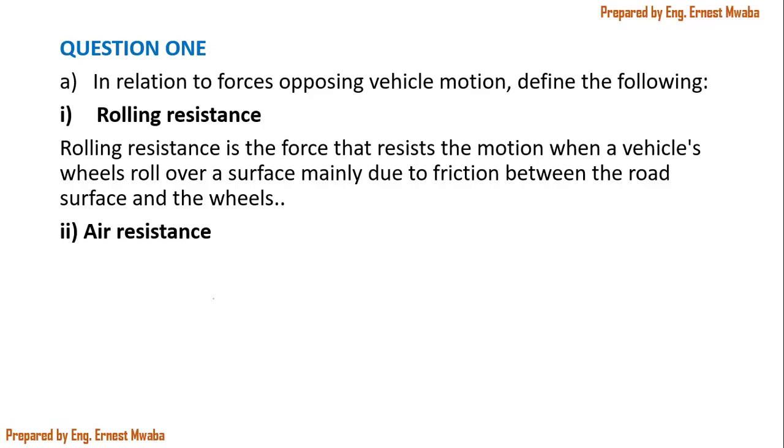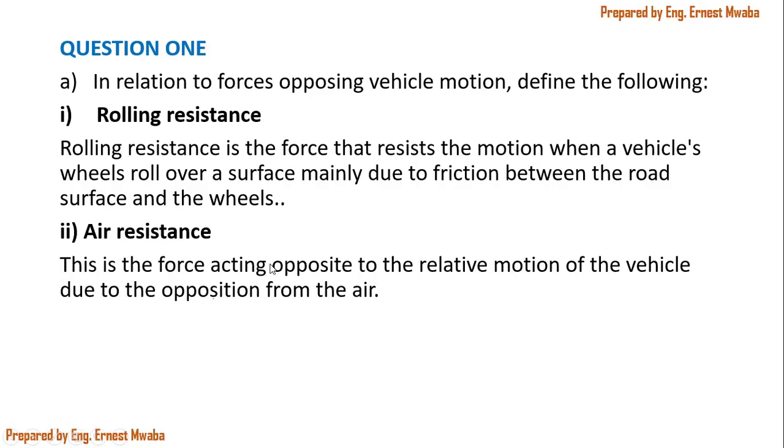apart from other factors. We also have the air resistance, because as the vehicle is moving, the air is blowing. So it normally moves in the opposite direction to the relative motion of the vehicle. And the main factors that affect it include the frontal area, as well as the shape of the vehicle and the speed at which your vehicle is running.